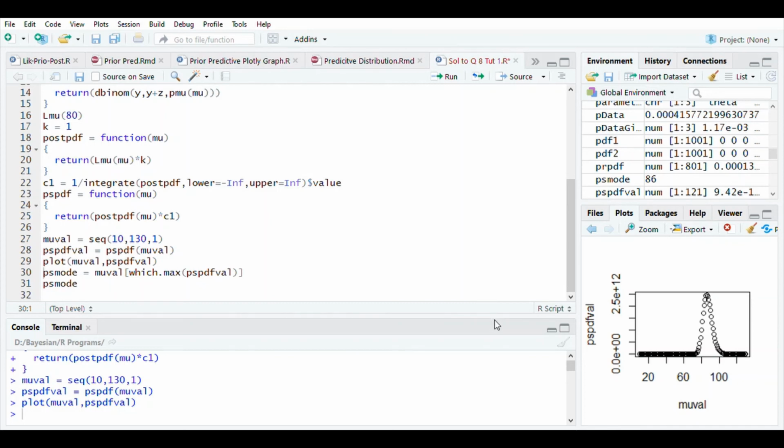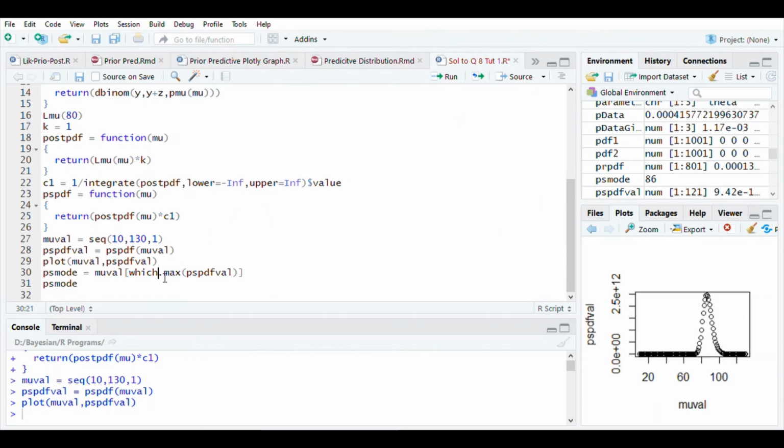Right, 90 will be somewhere here. So the posterior mode must be close to 90. Let us find the posterior mode. Notice that it is not a symmetric distribution. It has longer tails, but it is concentrated around this point. So it's narrow, so the variance is not huge.